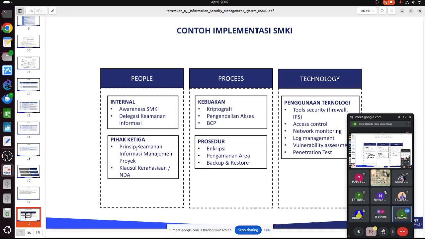They have to have some results. Because of that, they tend to buy technology, and then they ask a third party to implement it. The problem with that is they ignore the internal people.